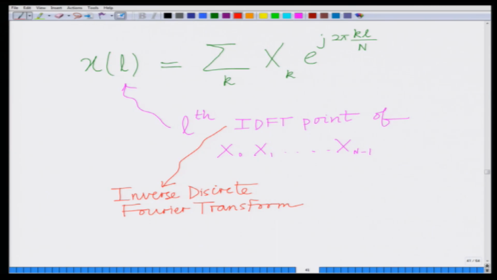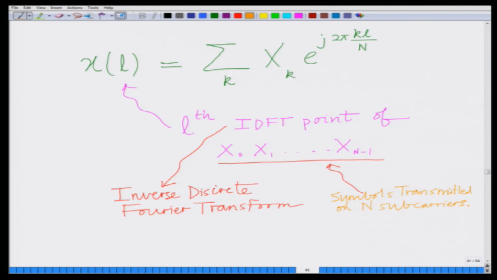X0, X1, X N minus 1 are the symbols transmitted on the different subcarriers, as we have already seen, the symbols transmitted on the N subcarriers.